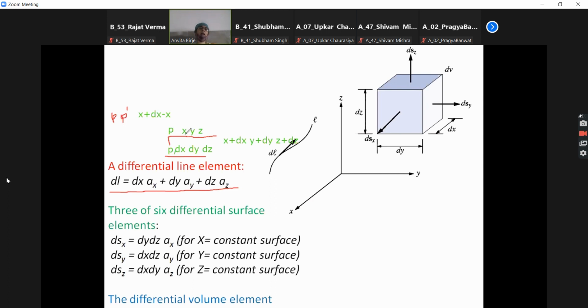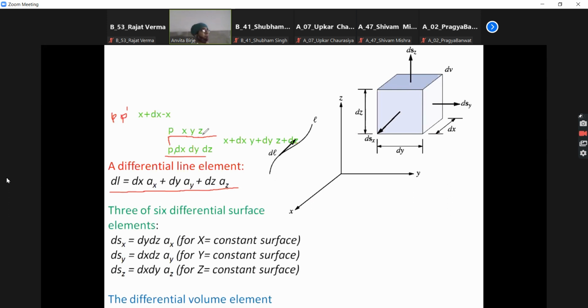this x y z basically is this P point. P point आपको कैसे मिल गया? P point is an intersection of 3 planes. Which are the 3 planes? x is equal to x, y is equal to y and z is equal to z. Similarly, P dash is an intersection of 3 surfaces. कौन से 3 surfaces? x is equal to x plus dx, y is equal to y plus dy and z is equal to z plus dz.